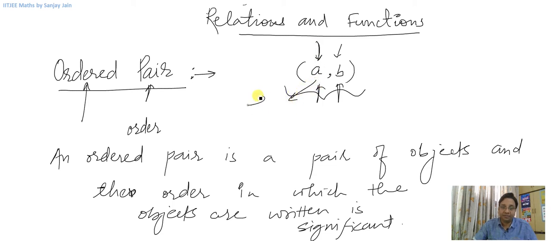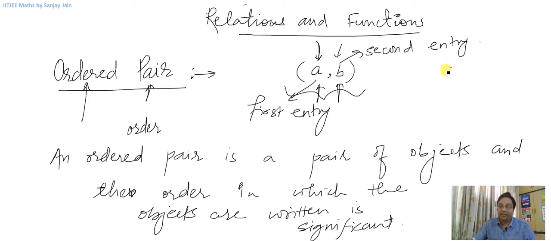So now when I write A comma B, where A is my first entry, right? This is the first entry. And B is the second entry, right? In this ordered pair. And if I write, let us say B comma A, where B becomes my first entry and this is the second entry in this ordered pair. Now these two ordered pairs are different, right?